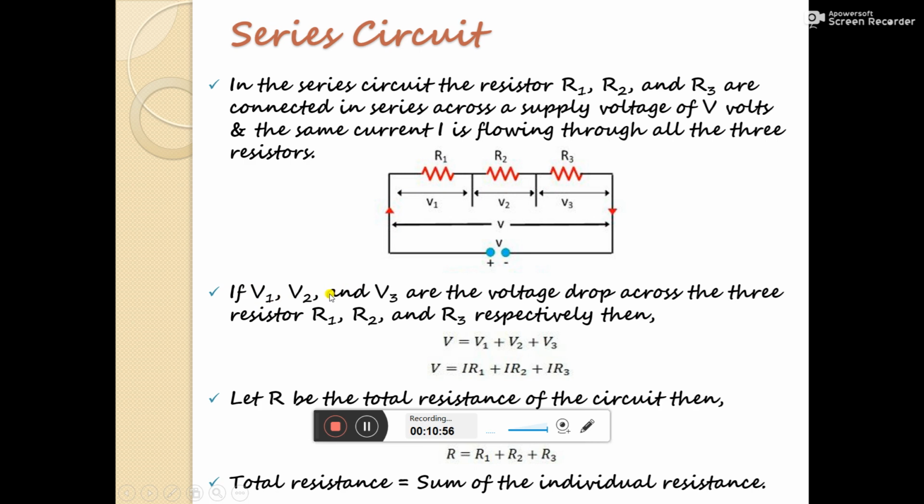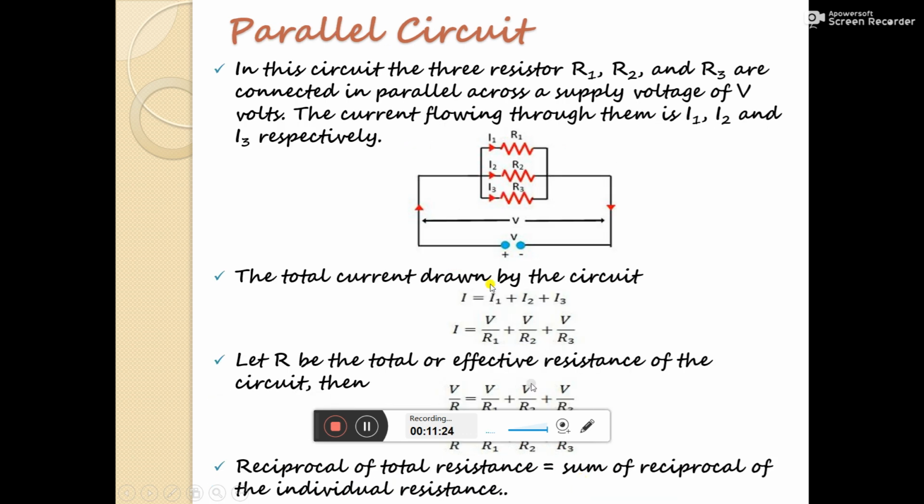If V1, V2 and V3 are the voltage drops across the three resistors R1, R2 and R3, then we can write capital V is equal to V1 plus V2 plus V3. Let R be the total resistance of the circuit. Then R is equal to R1 plus R2 plus R3. So the total resistance is equal to the sum of the individual resistances.